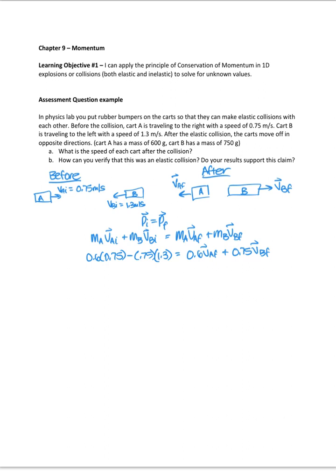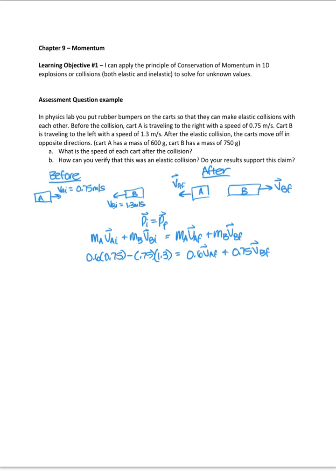So before the collision, I had the mass of A times its velocity initial. And then I added the mass of B times its velocity. And because it was moving to the left, that's why my negative sign is there, because its velocity is minus 1.3. After the collision, I don't know any of the velocities.